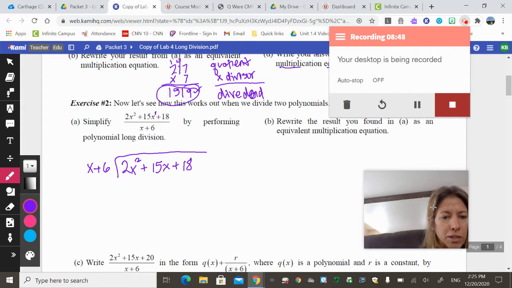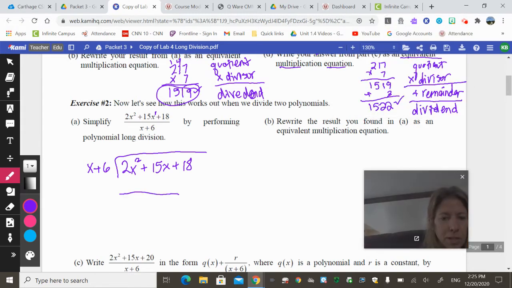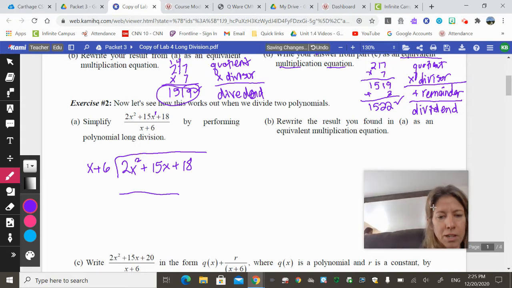And we want to make sure the first term we bring down, we're going to end up multiplying x plus 6 times a value. And when we multiply by x plus 6, we want our first term to be 2x squared. So in order to get a 2x squared, we have to multiply this first term x by 2x.